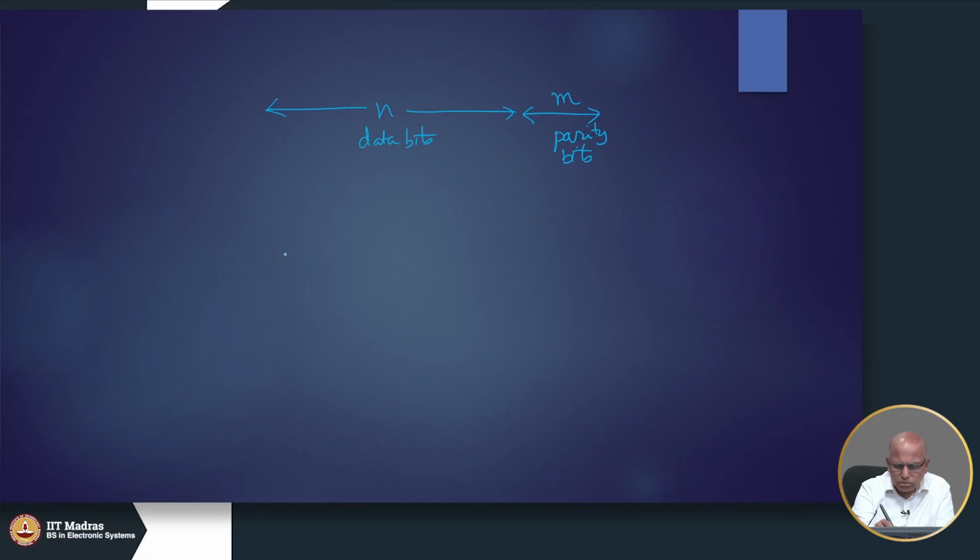If I write down the previous example, I wrote 3 parity bits, right? Using 3 bits, you can have indices from 000 to 111. That means you can go up to 7 positions. Here there are m bits, so m bits can point to 2 to the power m positions.